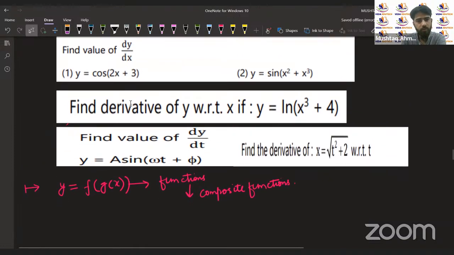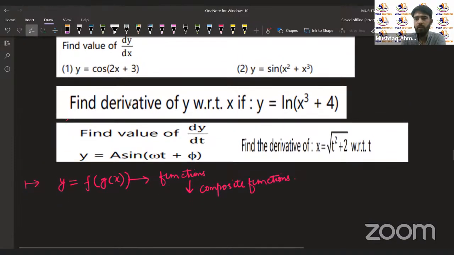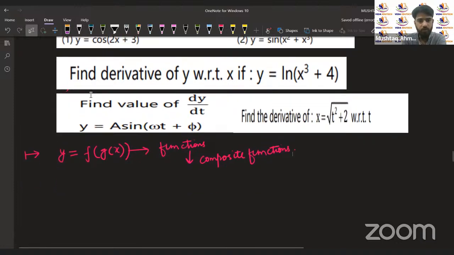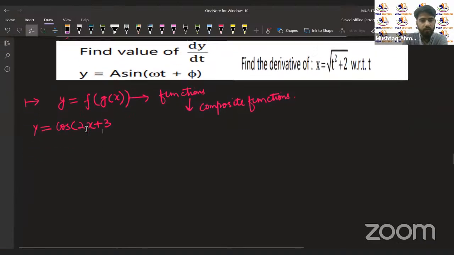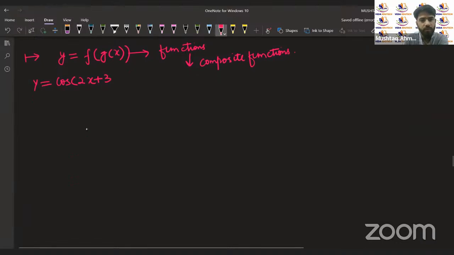हम एक एग्जांपल लेते हैं और एग्जांपल से सीखते हैं कि एक कंपोजिट फंक्शन का डेरिवेटिव कैसे कैलकुलेट करते हैं. Suppose we have in the first example y equals cos of 2x plus 3. हमारे पास एक कंपोजिट फंक्शन है, that is y equals cos of 2x plus 3. तो इसका डेरिवेटिव कैसे कैलकुलेट करेंगे?